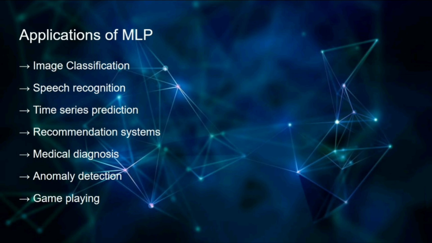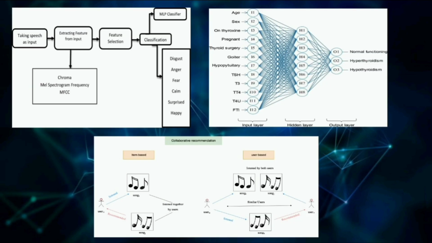Then comes the speech recognition. MLPs play a crucial role in speech recognition systems where they are used to convert spoken language into text. They are employed in virtual assistants, voice control devices, speech to text applications, and voice search engines.